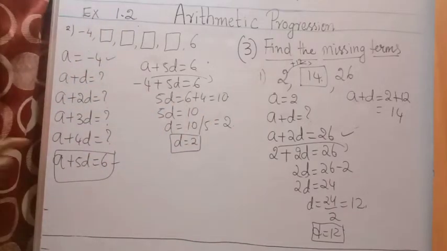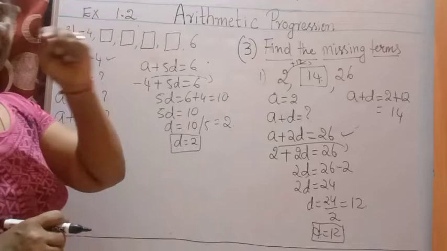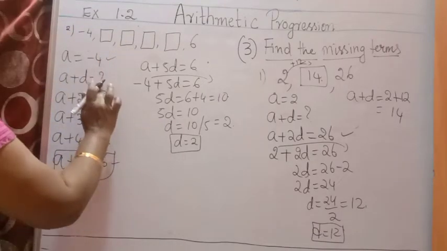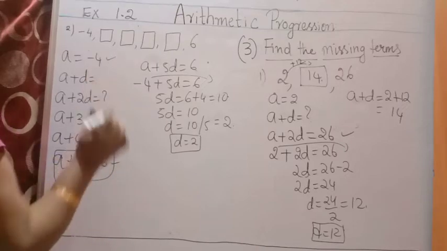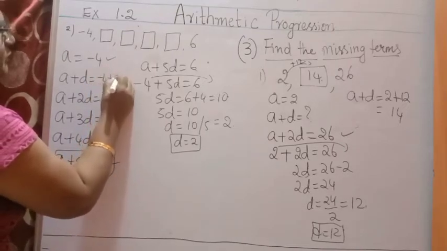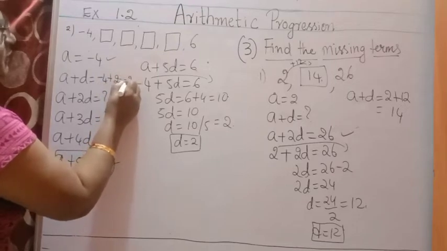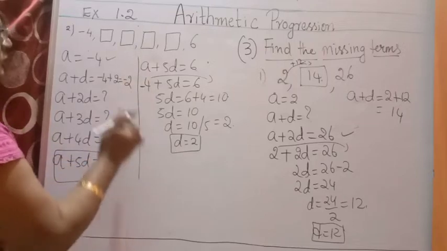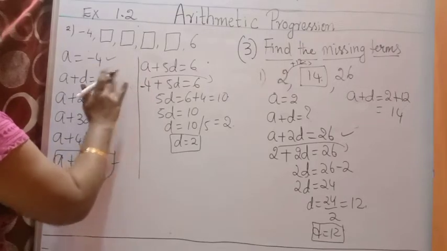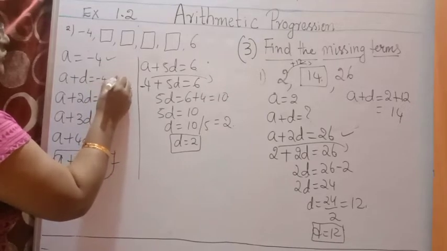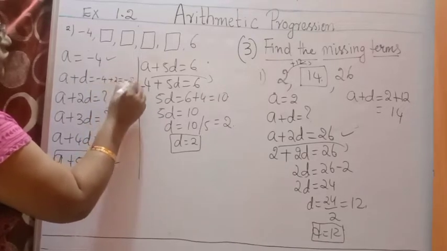Once you get the value of D, go on adding D to this one. So A plus D, substituting the values: A means minus 4 plus 2, that is equal to minus 2.